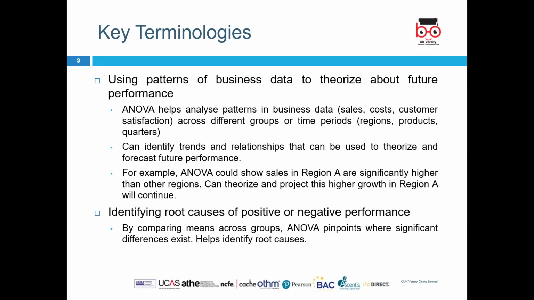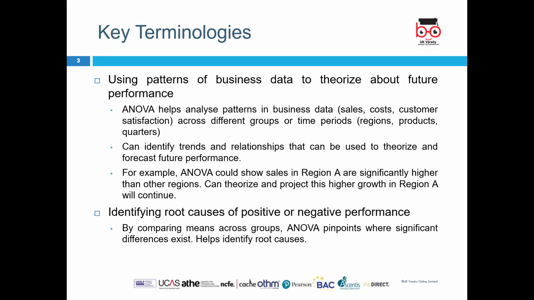Then identification of trends and relationships that can be used to theorize and forecast future performance. For example, ANOVA can show sales in region A that are significantly higher than other regions, so it can theorize and project that this higher growth in region A will continue.